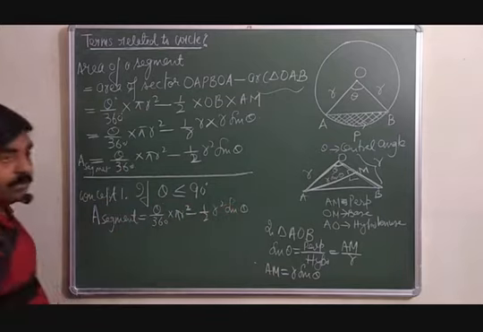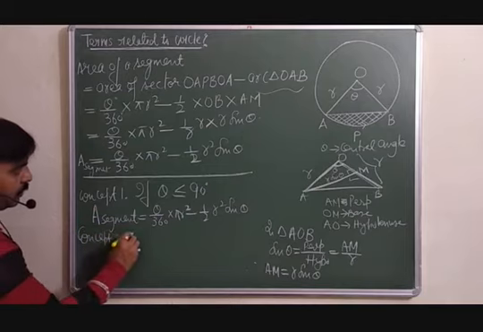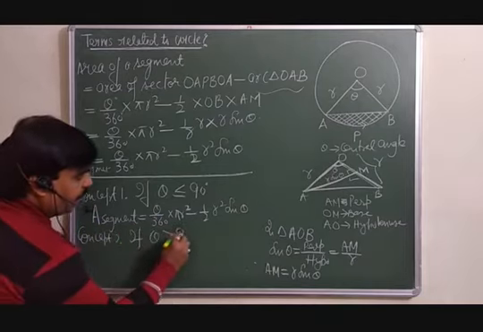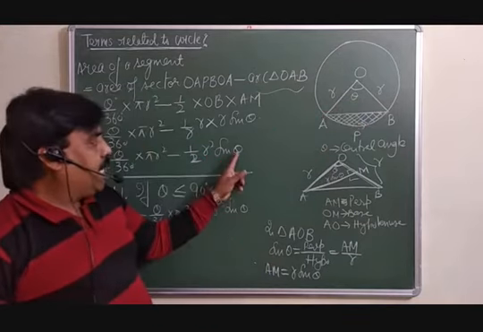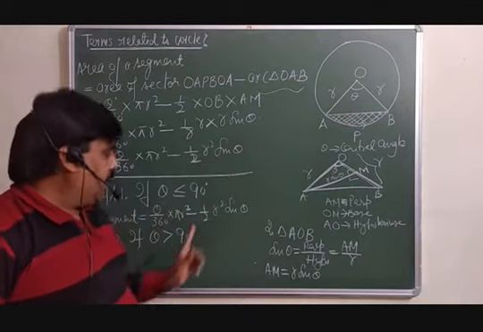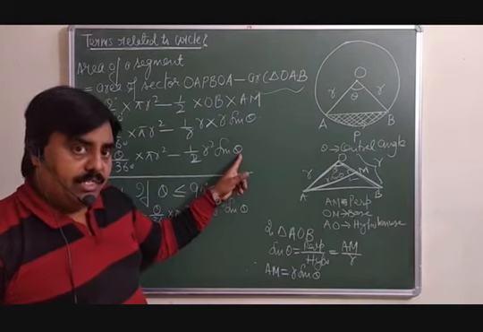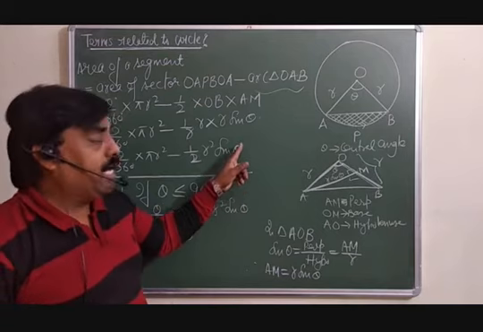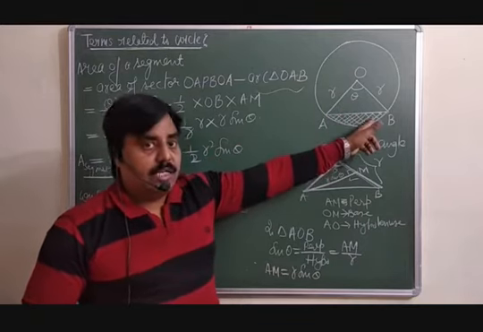But in case your angle theta is greater than 90, suppose it is given as 120, 150, or likewise 180, then how can you calculate the area of this segment? फिर आप कैसे calculate करेंगे?